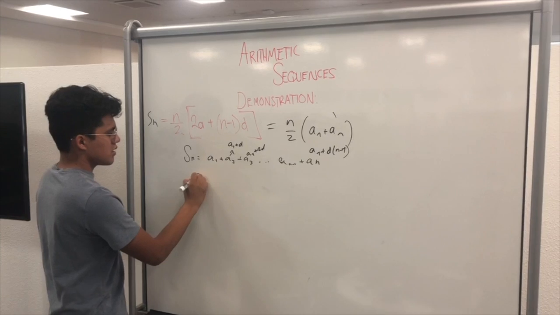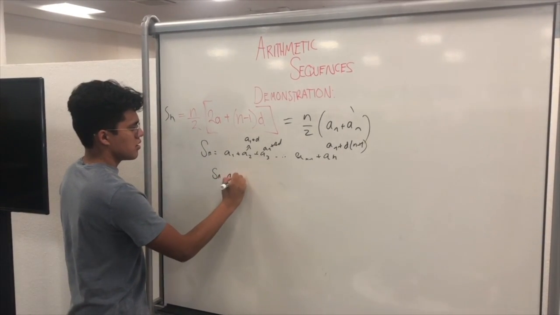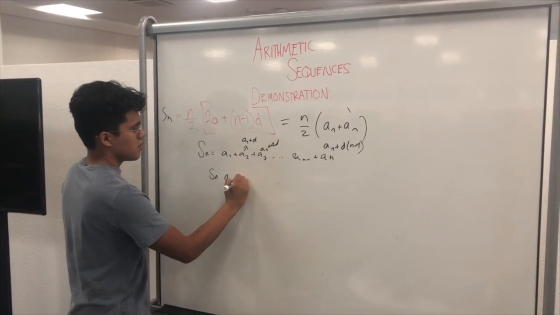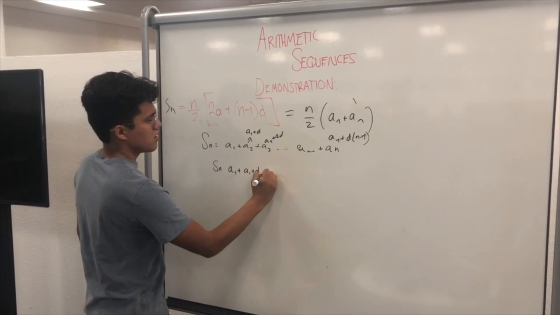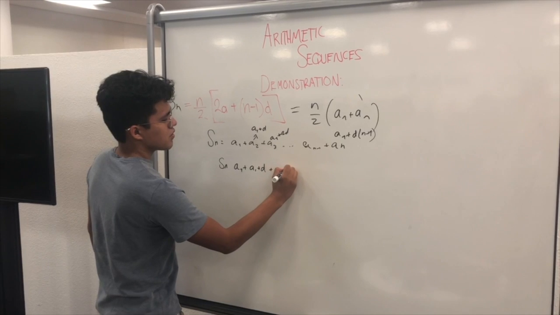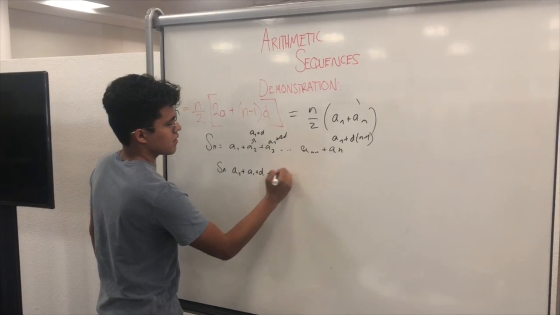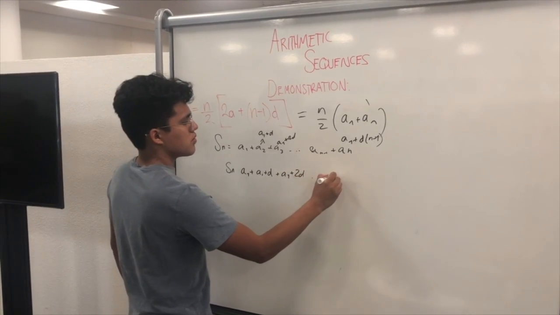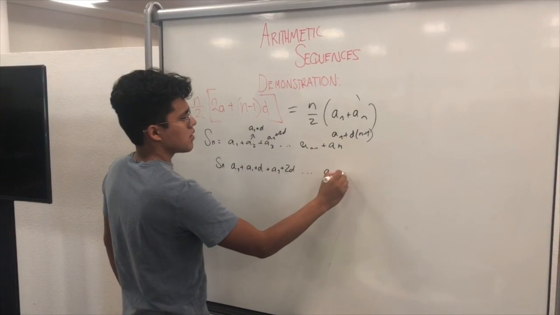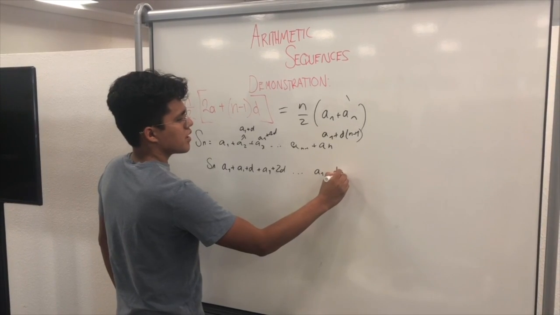We can arrange that as follows: a1, a1 plus d, a1 plus 2d, all the way to a1 plus d times n minus 1.